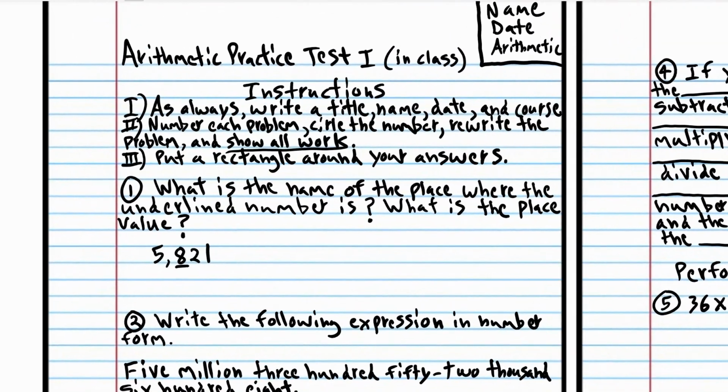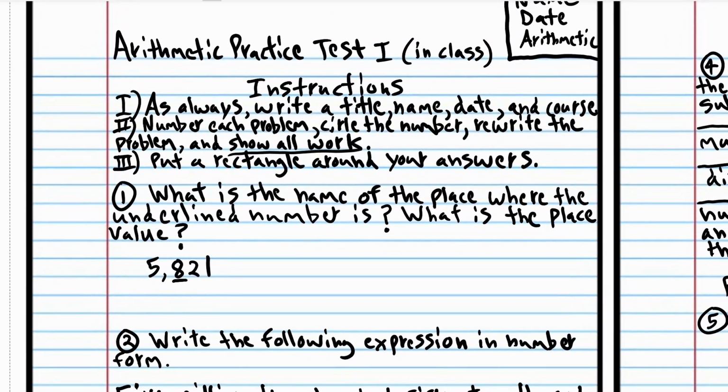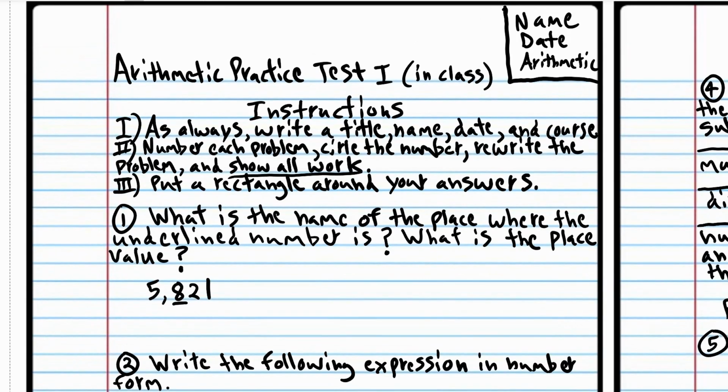Let's take the arithmetic practice test. First of all, as usual, name, date, course, title, and let's read the instructions. You got to always make sure you read the instructions when you take a test. As always, name, date, course, number each problem, circle the number, rewrite the problem, and show all work.